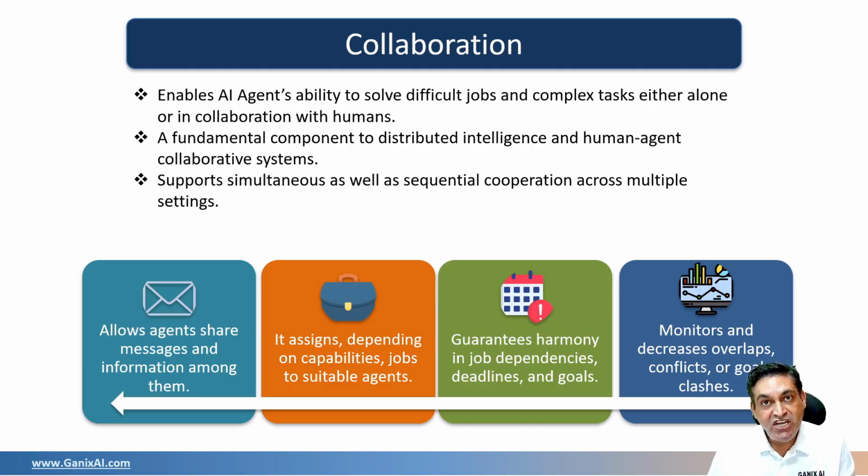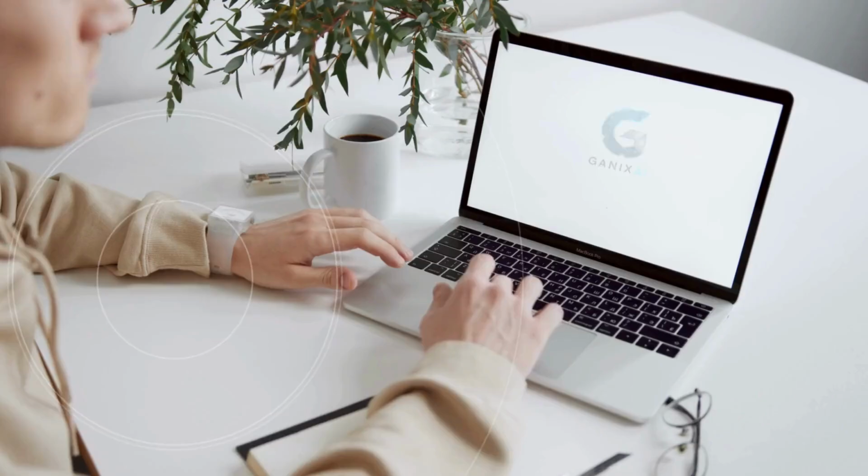They are sharing the context, the data, and the learning with each other. So collaboration is what makes an AI agent a complete team player, not just a tool. They become an active partner that can coordinate, cooperate, and co-create with others.